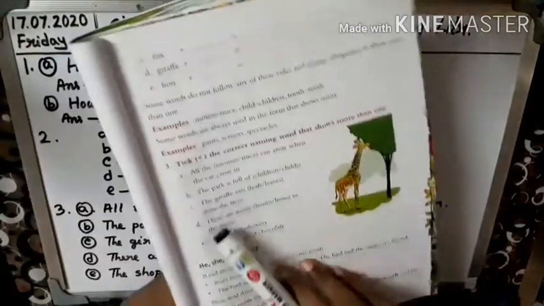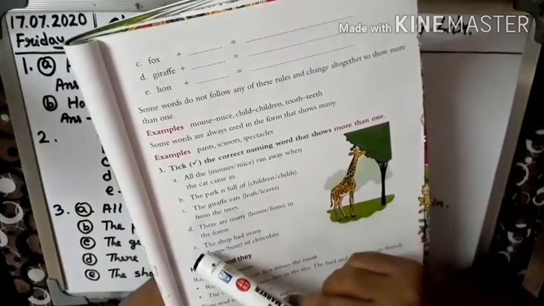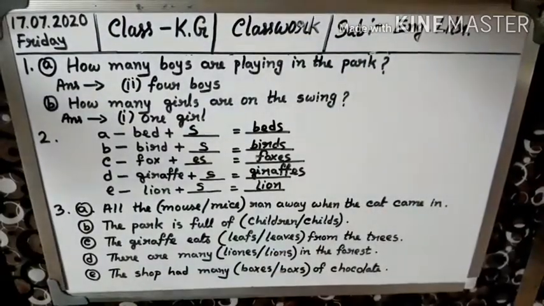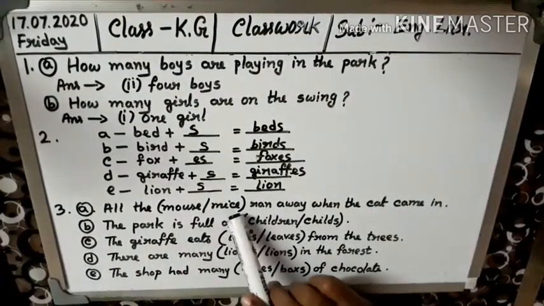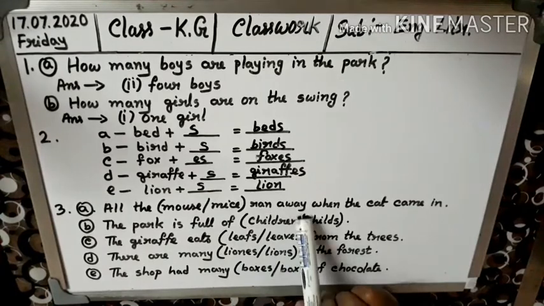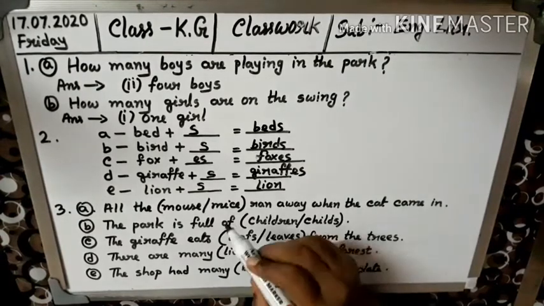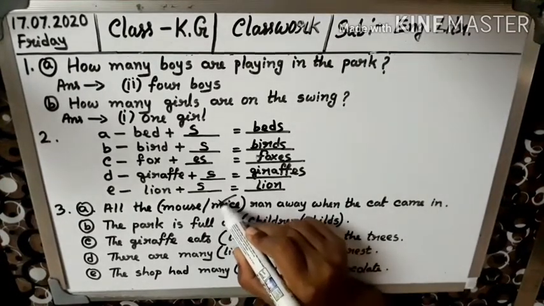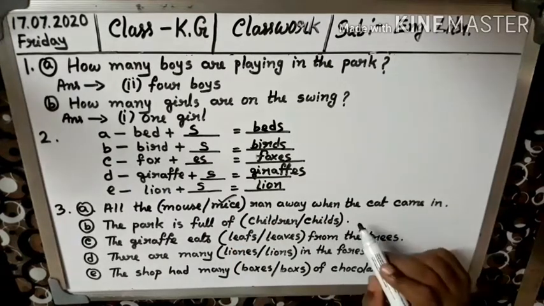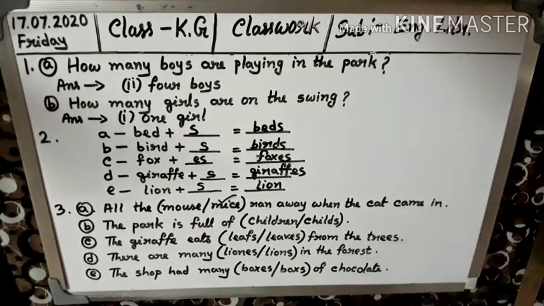Follow me. Number 3, A, B, C, D, E. A. All the mice ran away when the cat came in. So, tick mice.